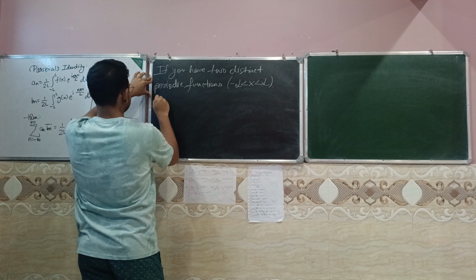And finally we have our a sub n as e to the negative i n pi minus e to the i n pi over 2i pi(1 plus n). So this is your a sub n, right? It's pretty easy, it's not difficult at all.